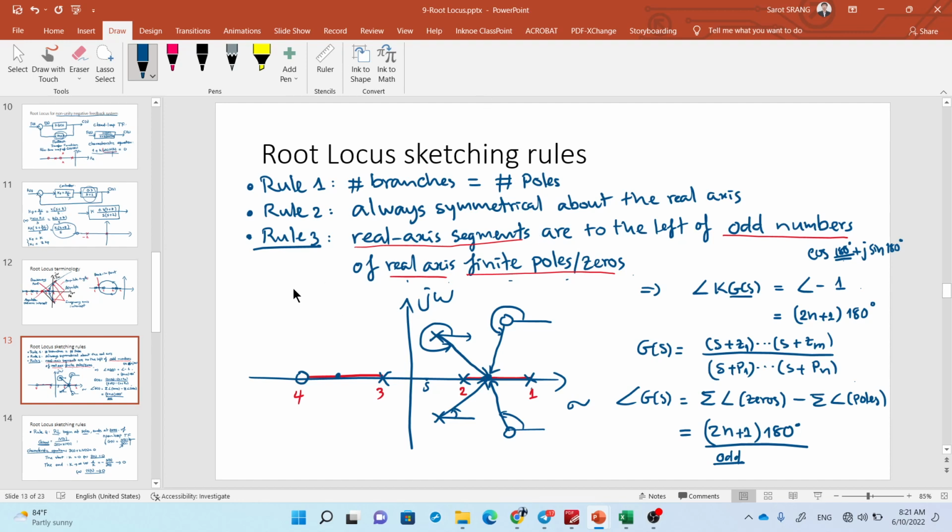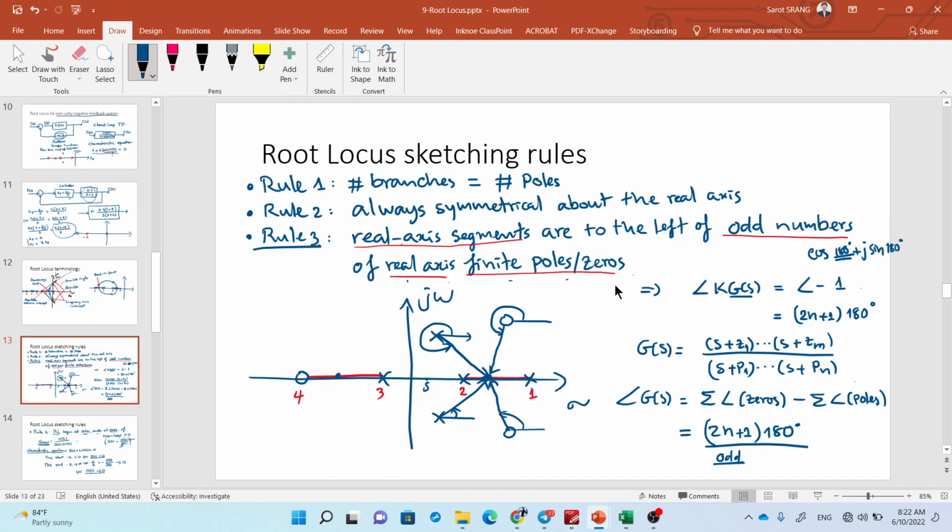And rule number three, that is very, very important so that you can start to draw the root locus. It says that real axis segments are to the left of an odd number of real axis finite poles and zeros.